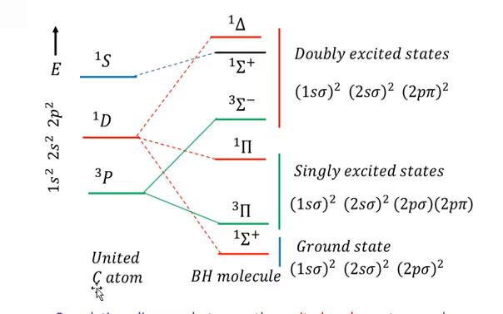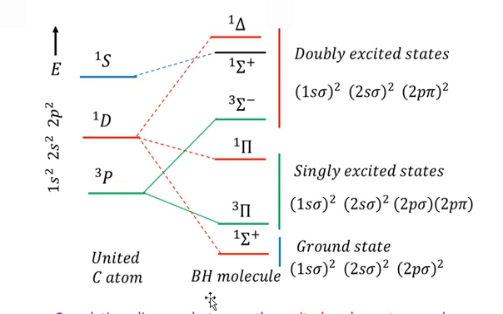This is the atomic state of the carbon atom, and being having 6 electrons, it has 3 levels, for example, 3P level, 1D level, and 1S level. The electronic configuration of the carbon atom is 1s2, 2s2, 2p2.